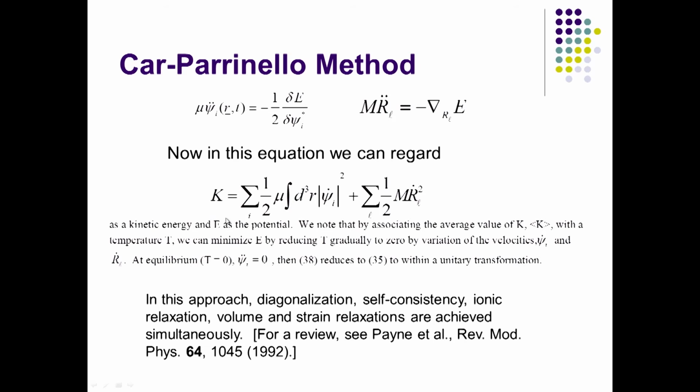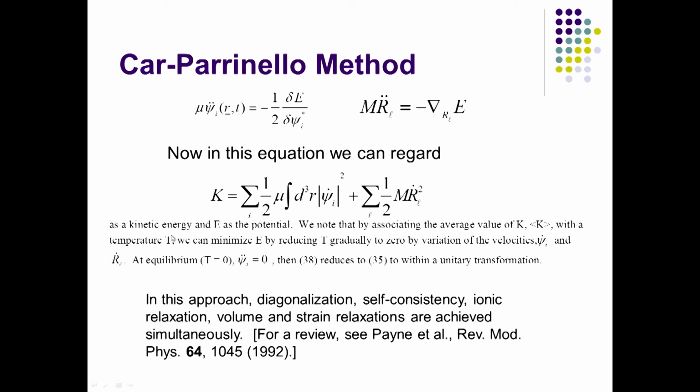So, now in this equation we can regard the kinetic energy, we can add these terms. So, 1/2 of all 3 dimensions of wave vector square over mr. So, this is the formulation now for the kinetic energy, which now becomes the basis for your calculations in the quantum mechanical way using Car-Parrinello's density functional approximation.